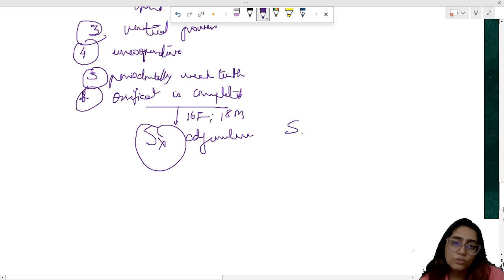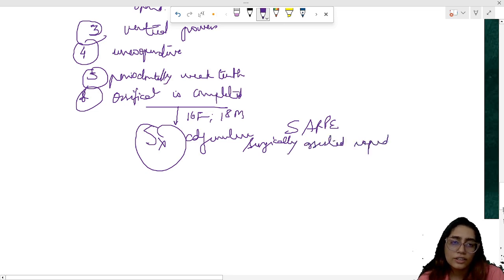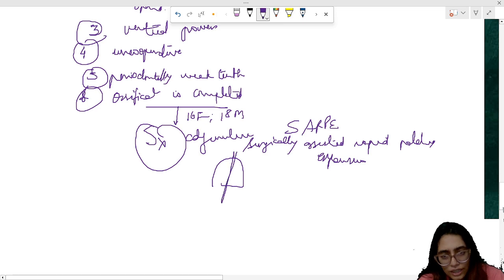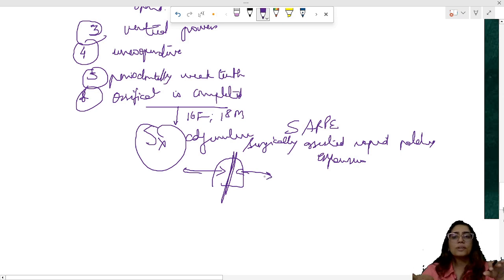This is also known as SARPE, or surgically assisted rapid palatal expansion. In this, the suture again is cut open, and then the expansion device is given so as to allow the expansion to get control of the arches, and then they can be expanded.